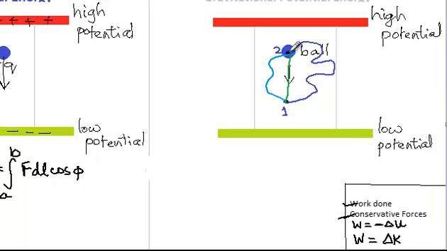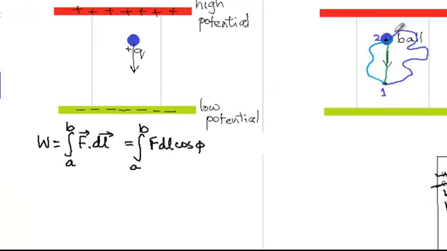This means that the work done depends only on the initial and the final position. It is independent of the path taken. For a conservative force, the work done is independent of the path taken.